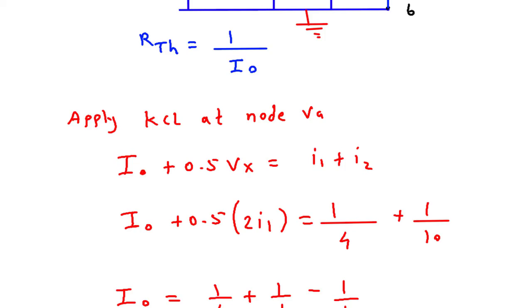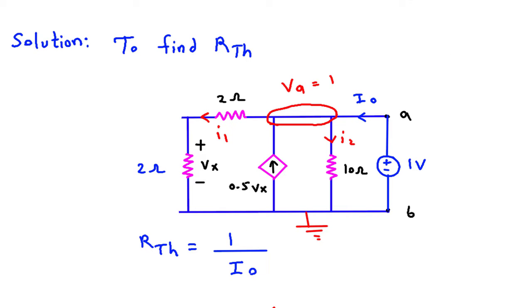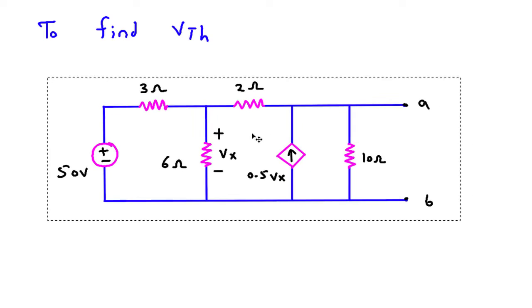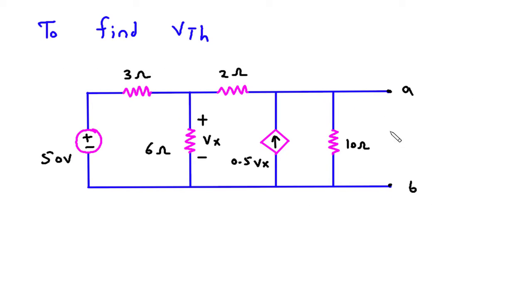Next we have to find VTH. So to find VTH, this will be VTH. Let's assume this is node V1 and this is node V2.